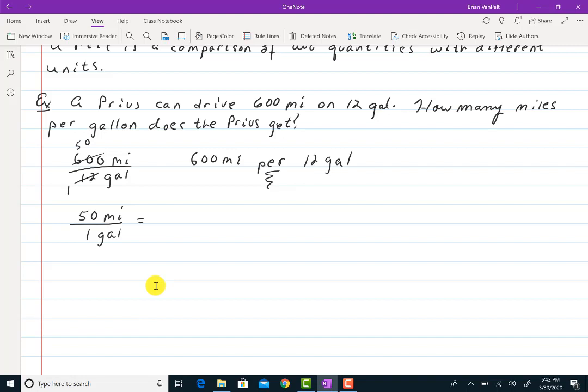And we'll simply write this, 50 miles per gallon. And in fact, this guy right here is called a unit rate. That's when the denominator has a numerical value of 1.